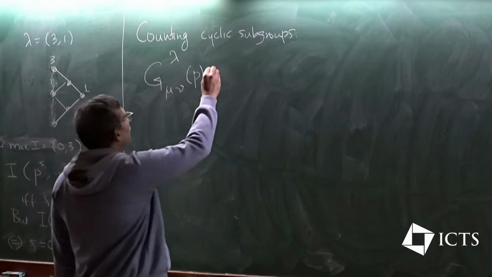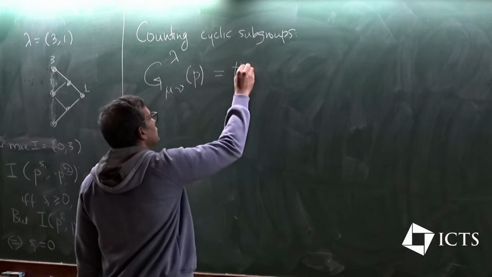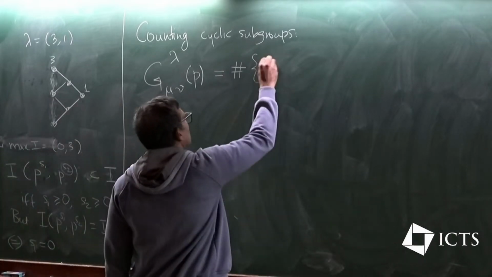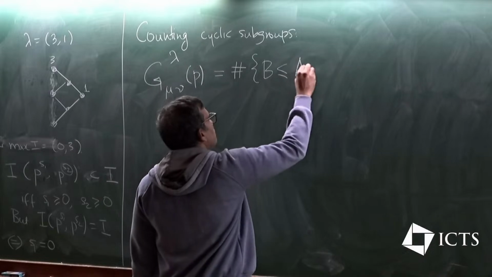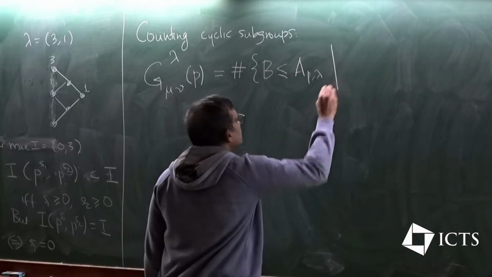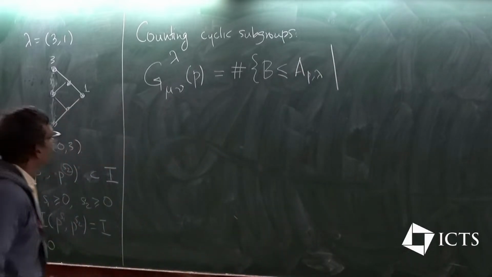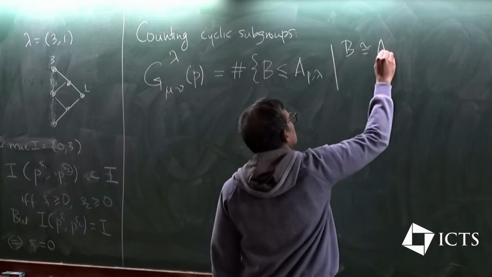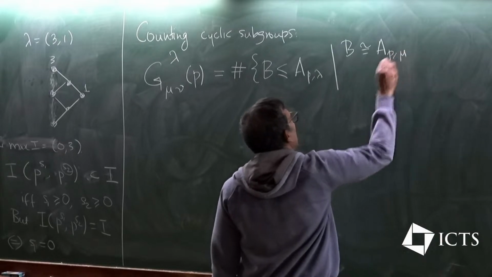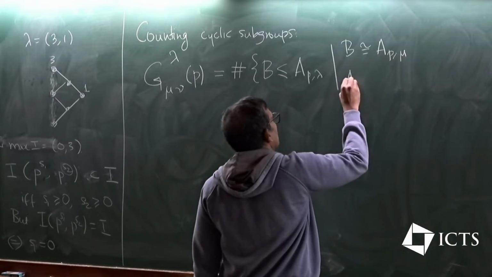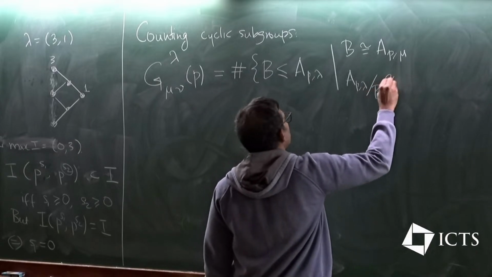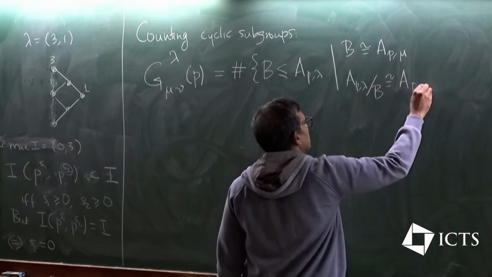We'll define this to be the number of subgroups B of A_p lambda such that firstly B is isomorphic to A_p mu, and A_p lambda mod B, the quotient, is isomorphic to A_p nu.